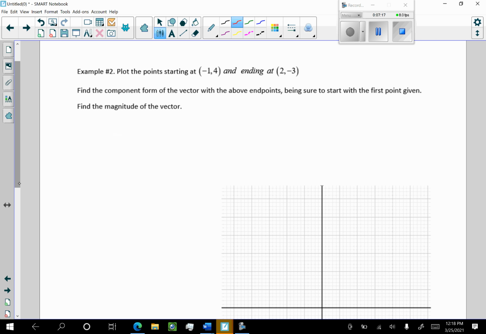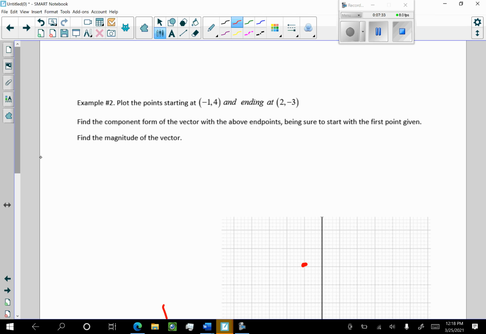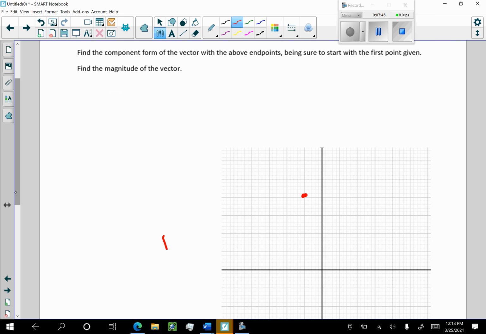(-1, 4) is going to be here: -1, then 1, 2, 3, 4. That's going to be (-1, 4). And now I'm going to go to (2, -3): 2, then down 1, 2, 3. And keep in mind, I started at (-1, 4), so this is going to be the end point. An arrow would be a good way to look at it because an arrow has finite length.